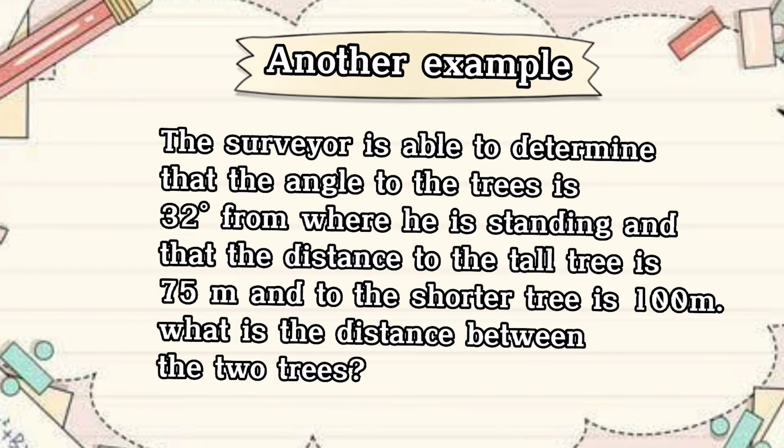So, another example. The surveyor is able to determine that the angle to the trees is 32 degrees from where he is standing and that the distance to the tall tree is 75 meters and to the shorter tree is 100 meters. What is the distance between the two trees?